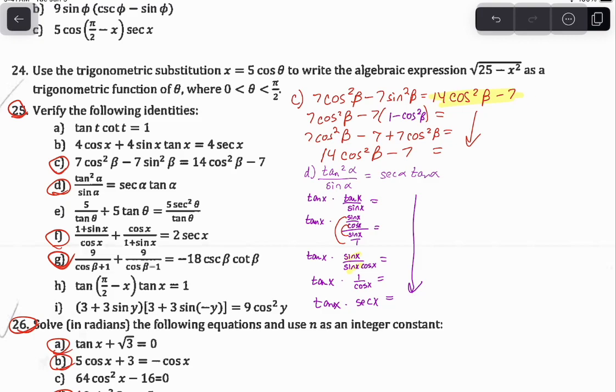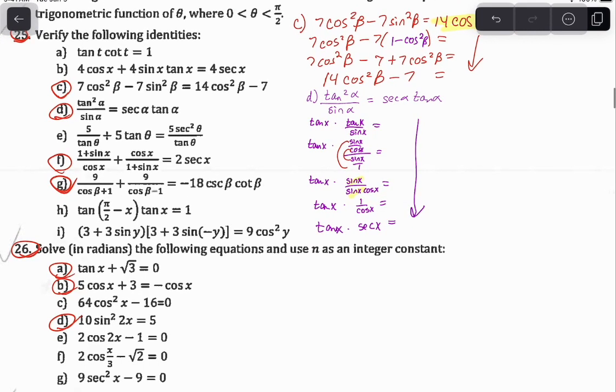Now, if we get a chance, we'll come back to F and G, but I would like to do 26A in the last few minutes we've got. So let's do 26A. I need you to change the instructions for me a little bit.